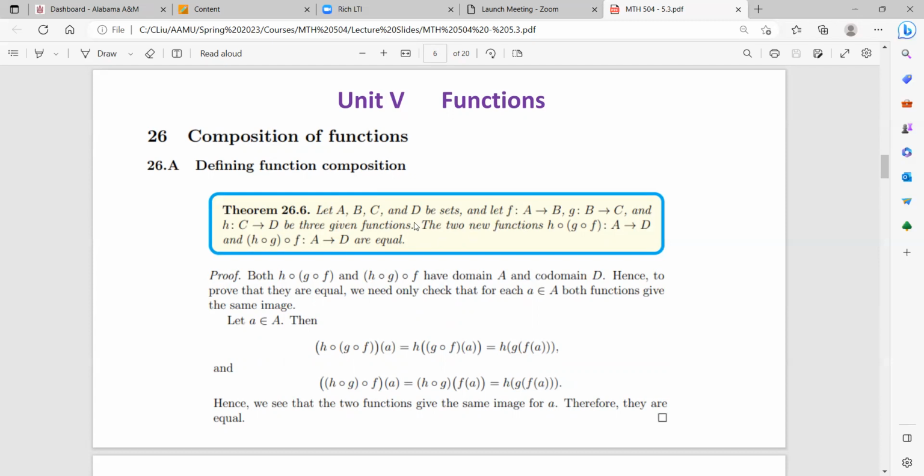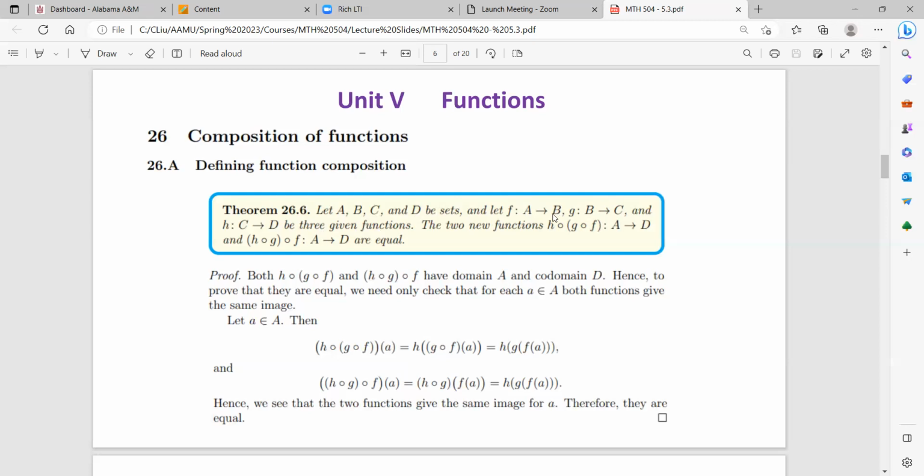Okay, so this theorem just says that if you have four sets A, B, C, and D, and three functions F, G, and H, where F is defined from A to B, G is defined from B to C, and H is defined from C to D. There are three functions.